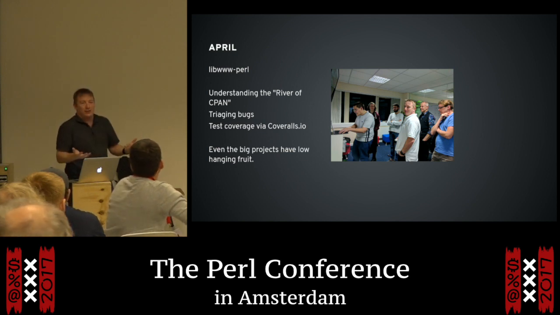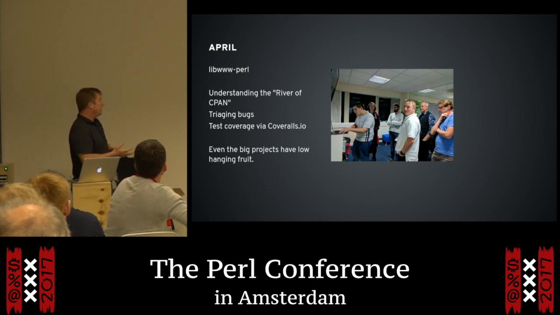And so there was a lot of just going through the bug list, trying to look for stuff and see if it's actually a bug, has it been fixed. There were some that were already fixed, and some that we could test and go, yeah, it's still broken, if nothing else. It was also the one where we introduced the team to coveralls, coveralls.io, if you're familiar with that one. No? Cool. Okay. If Travis CI is like Jenkins and does that, this is like Devel::Cover on a website.